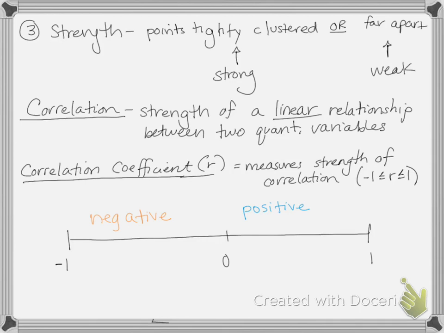Closer to 1 is considered strong and positive. Close to -1 is also considered strong, but that would be a strong negative correlation. But when we get here in the middle, closer and closer to 0, we get weak.